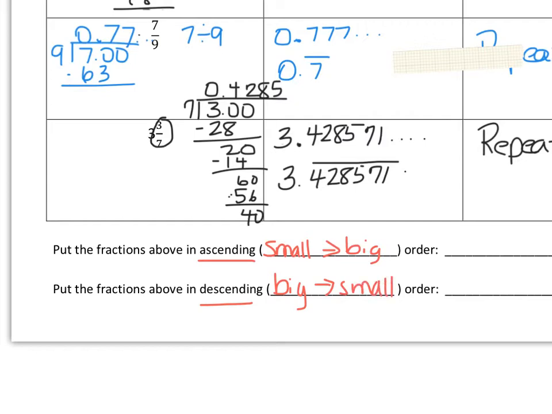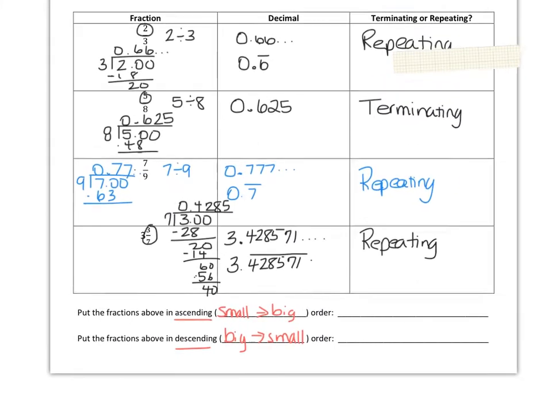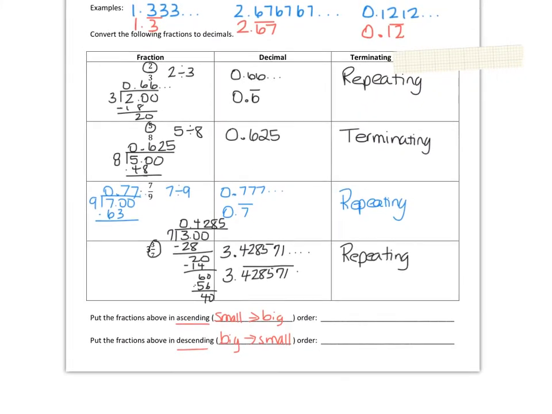So if we put these in ascending order, we can't tell by the fractions because they're not all in the same language. So if we look at the decimal numbers, which of these decimals is smaller? 0.66, 0.625, 0.7, or 3.4875. And this one right here, 0.625, is the smallest. So we would write 5/8.